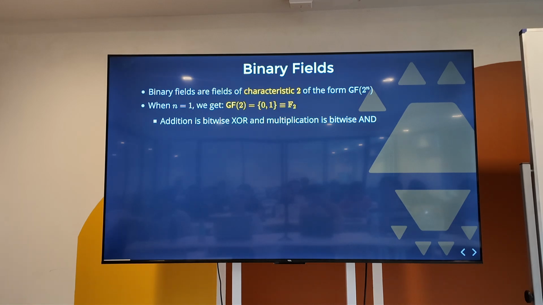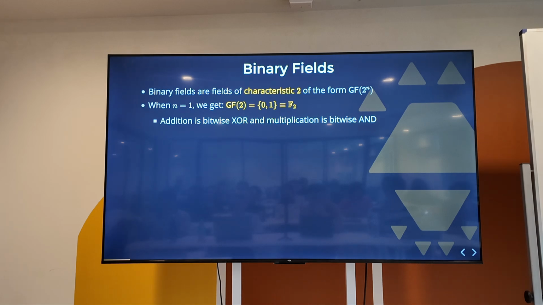Because it's just bits, and all of our chips in our computers, laptops, phones, servers, are based on these basic operations: addition is bitwise XOR and multiplication is just bitwise AND.